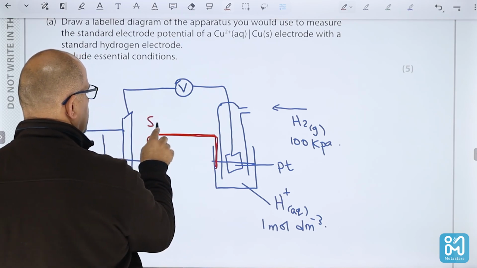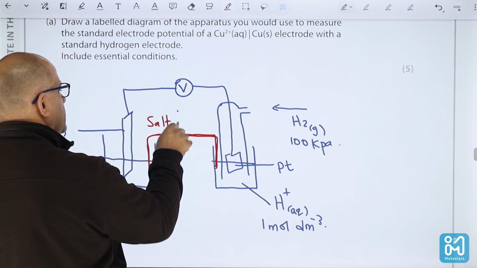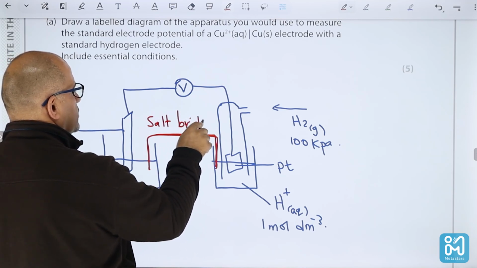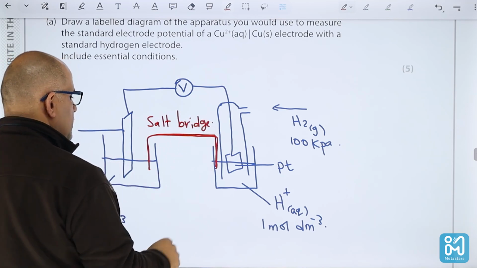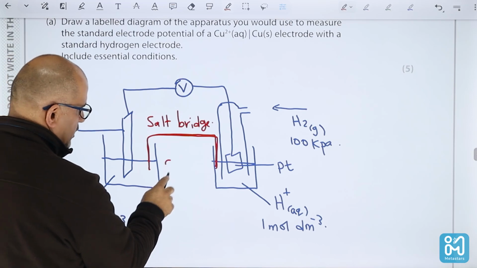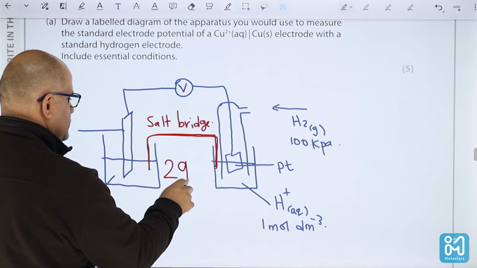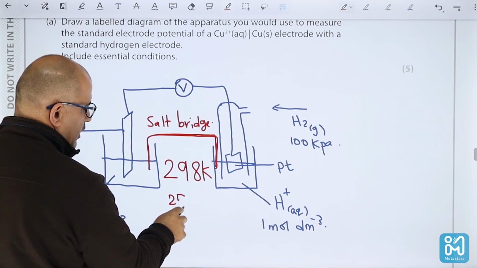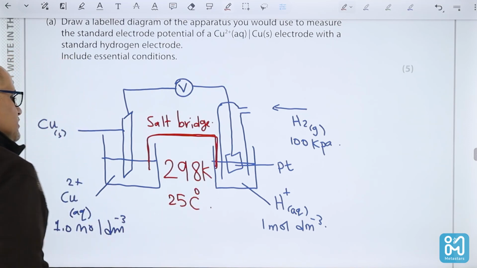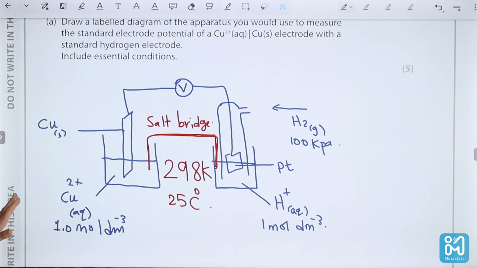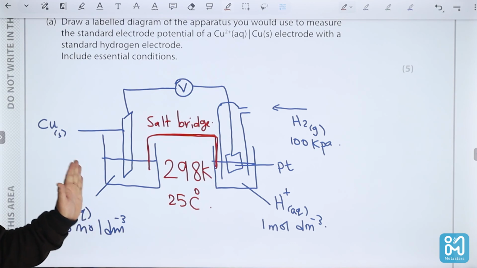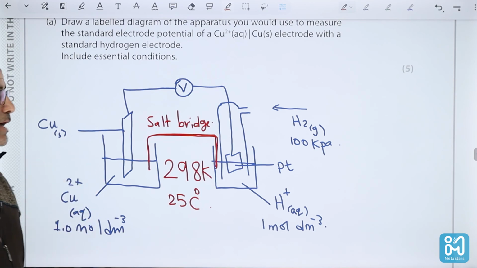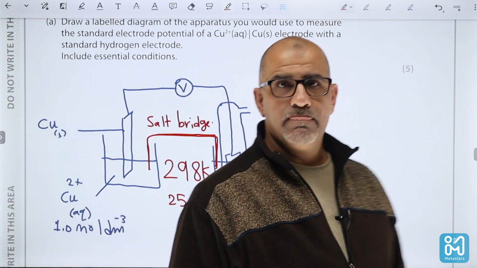This is the salt bridge. Okay, and you shall know that the temperature is 298 Kelvin or 25 degrees, which is the room temperature. So you shall include in your diagram all these things. That's very important.